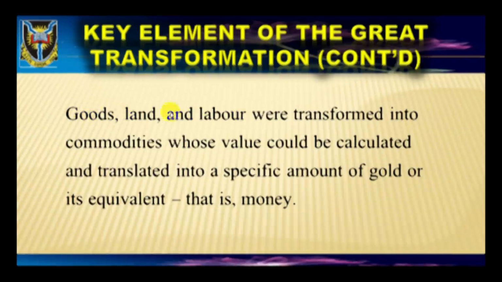Goods, land, and labor were transformed into commodities whose values could be calculated and translated into a specific amount of gold or its equivalent, that is, money.